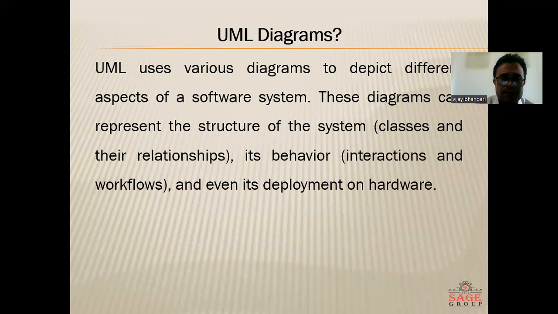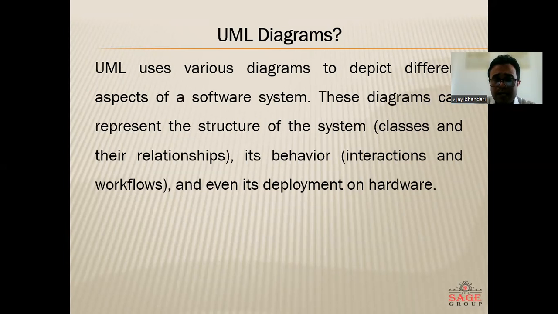These diagrams represent the structure of the systems, classes and objects, their relationships, behaviors, interactions, workflows, and deployment on the hardware. In a use case diagram, relationships play a crucial role between actors and use cases. These relationships provide a comprehensive view of the system's functionality and its various scenarios.